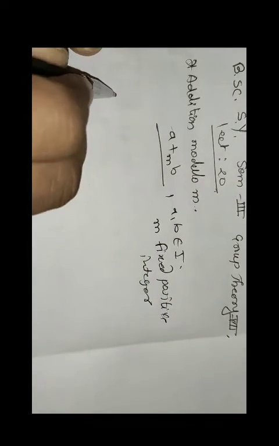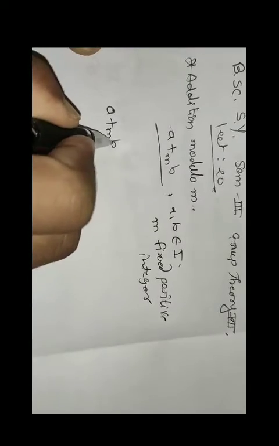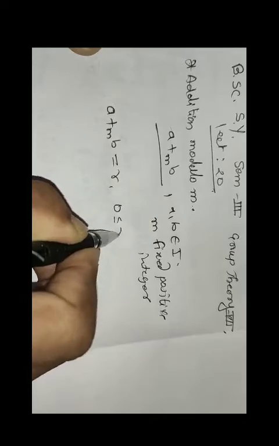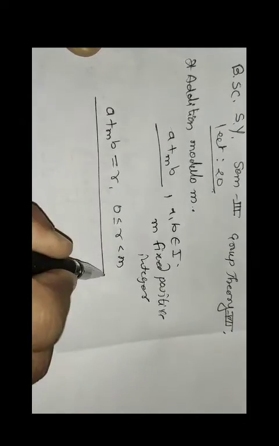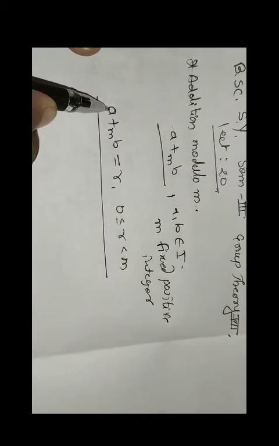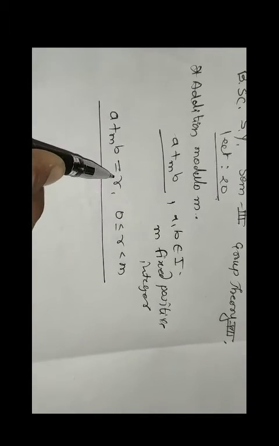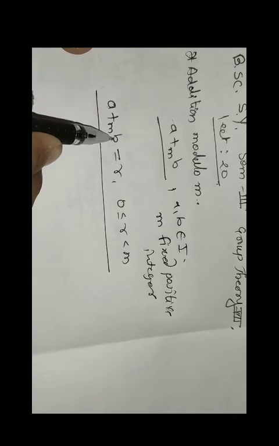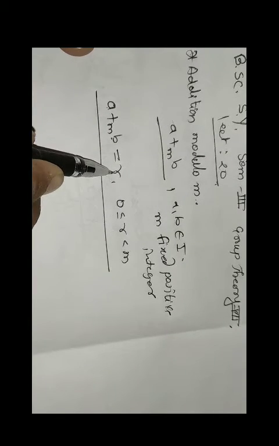So by definition, a plus_m b is equal to r. Be careful here: adding a and b, we get r.